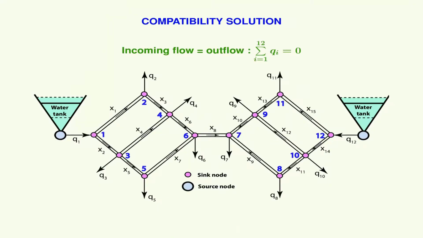That is, the condition that you have there adds from 1 to 12 the QI and the flows coming from deposits and forces the sum to be equal to 0. It is, on the one hand, the condition that arises when we apply the compatibility condition that we have studied, but, on the other hand, it is also the condition that, from an engineering and physical point of view, must hold, because water is neither created nor destroyed, and what goes in has to be equal to what comes out.